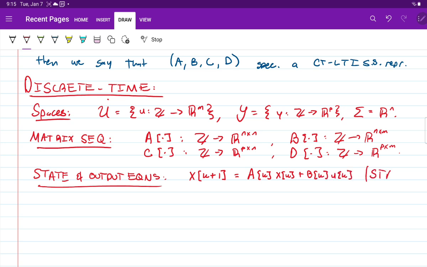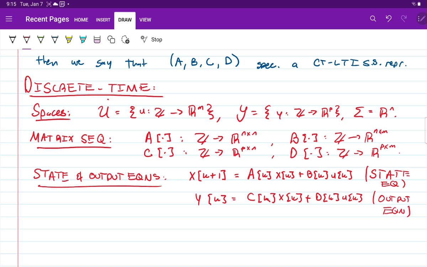This is my state equation. And then I'll have y at time step k is equal to C at time step k, x of k, plus D at time step k, u of k. And this is my output equation.